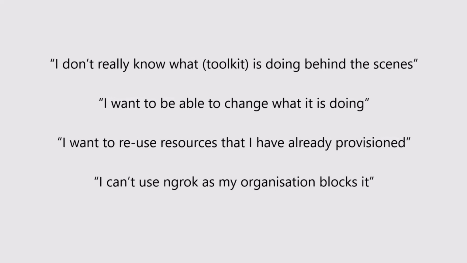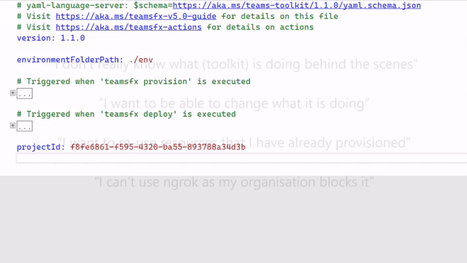And another issue: you're using ngrok for the tunnel endpoint for developing bots, but my organization blocks it. So in this latest release, there have been updates to address these challenges so that you can see exactly what Toolkit is doing behind the scenes, that you're able to go and change things, that you can reuse those resources, and you don't have to use ngrok anymore.